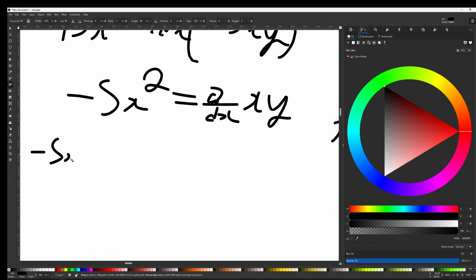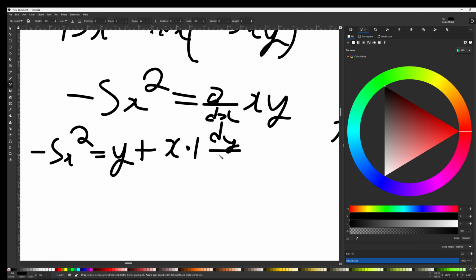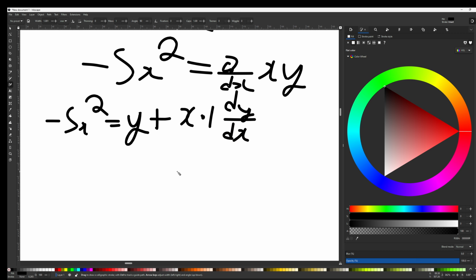So negative 5x squared is equal to, the derivative of x is just 1, so we're going to be left with y plus x times the derivative of y, so x times 1 dy/dx. Now we can subtract this y from both sides.